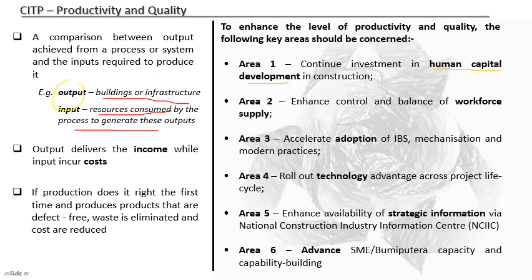The second area is the workforce supply. The problem in the second area is that we are too reliant on low skill foreign labor. It's a concerning issue in the Malaysian construction industry nowadays. There are too many foreign workers in our construction industry. One of the reasons is that we find it difficult to attract local people to work in the construction industry. It's not a problem to bring foreign workers.